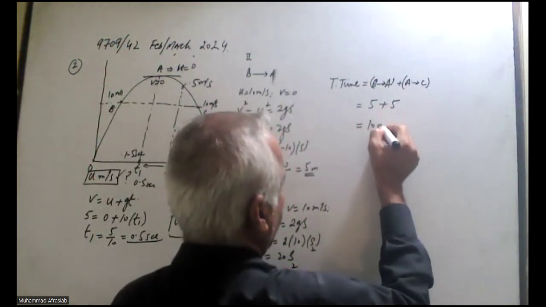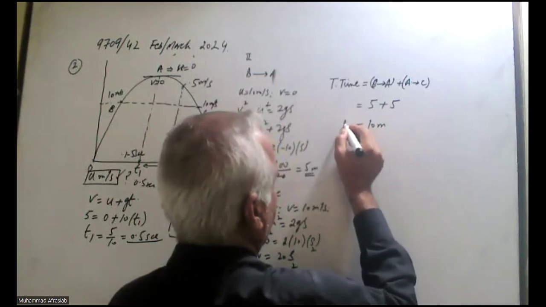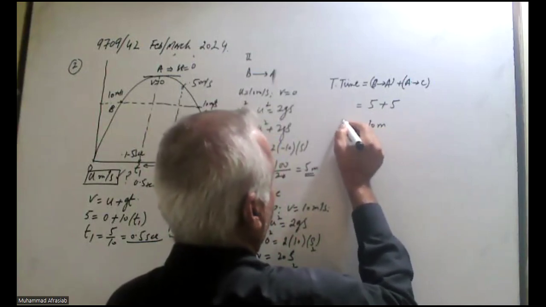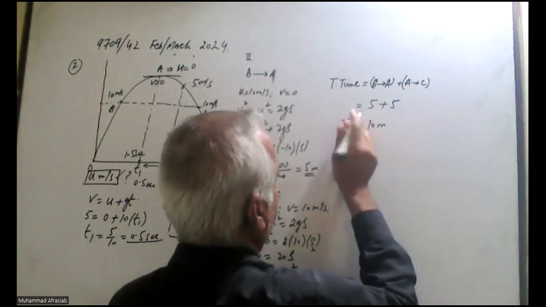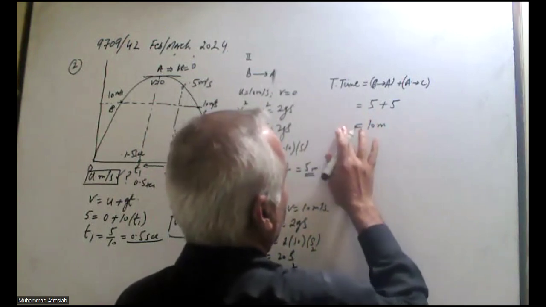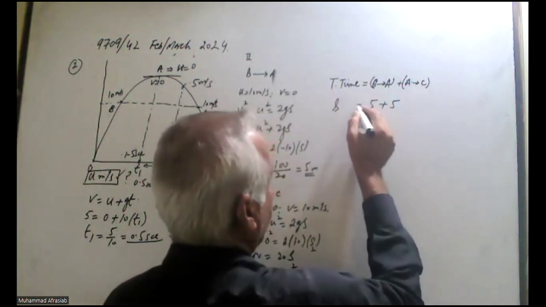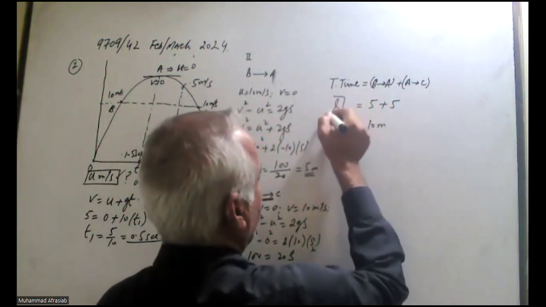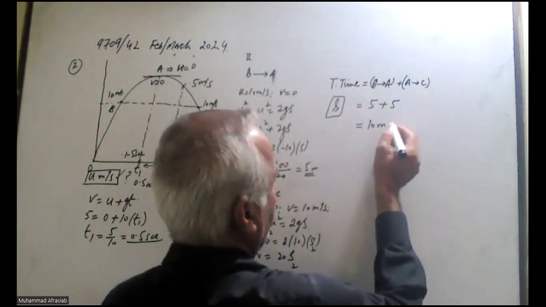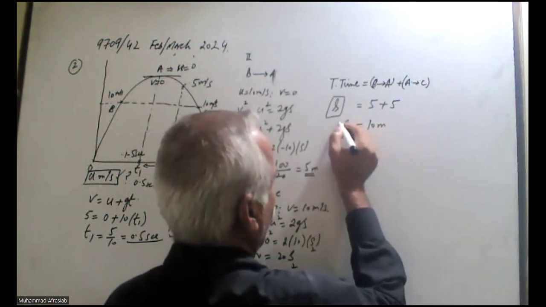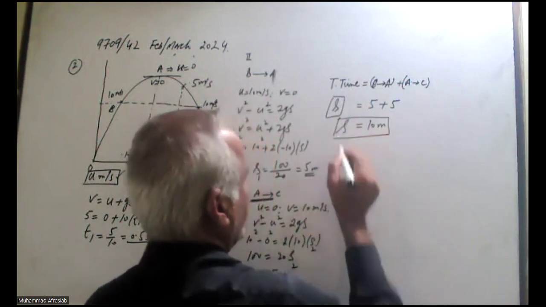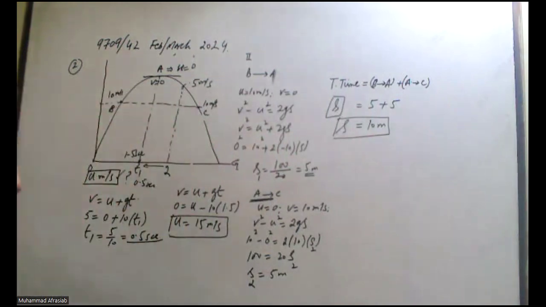So s is denoting the distance. s is equal to 5 plus 5, so s is equal to 10 meters. It has traveled 10 meters in between the timings where the speed is 10 to 10.